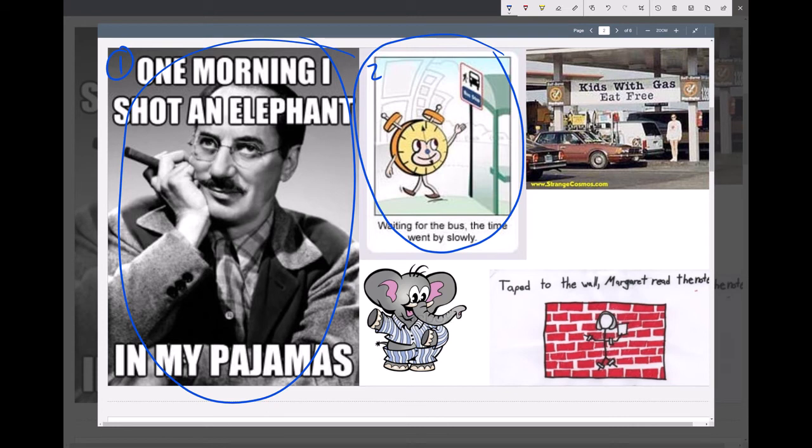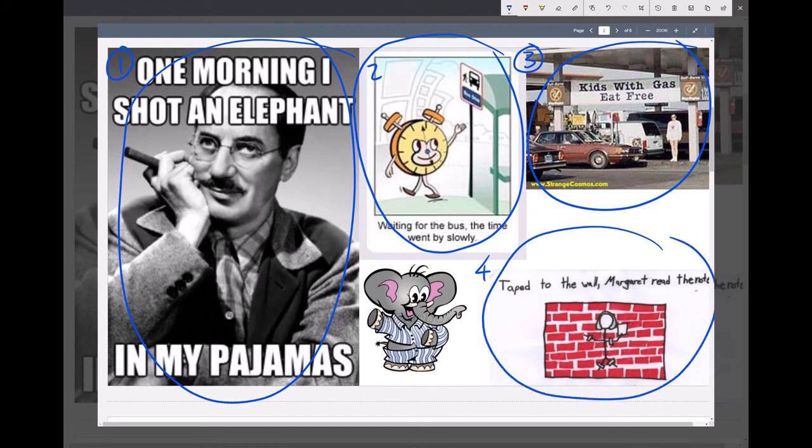Number 3, "Kids with gas eat free." And number 4, "Taped to the wall, Margaret read the note." If you read these sentences as they are now, you might find them weird or funny, and the pictures show you what kind of mistakes are happening.